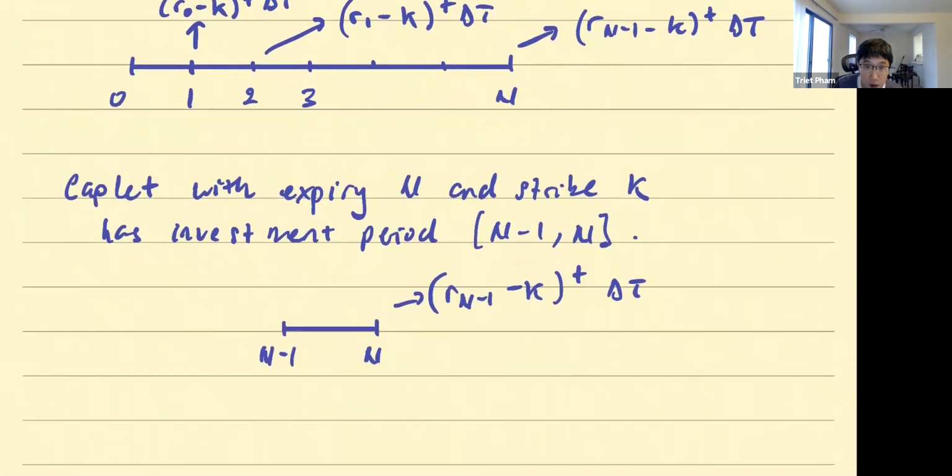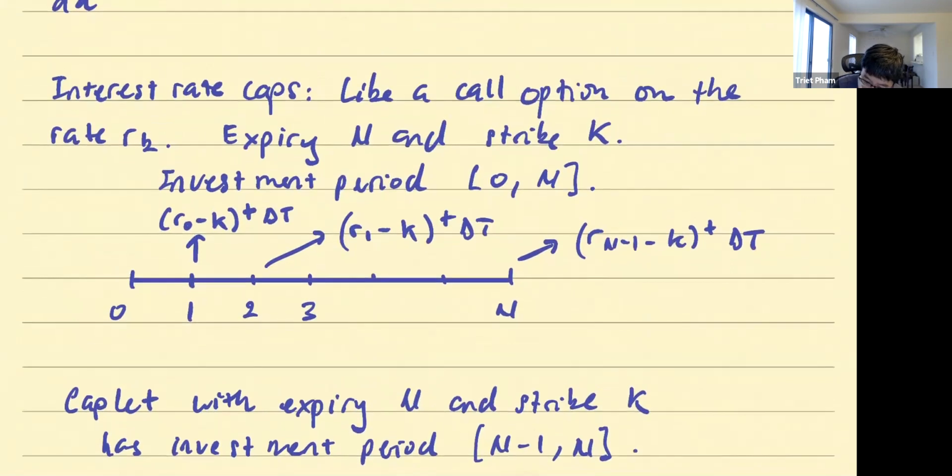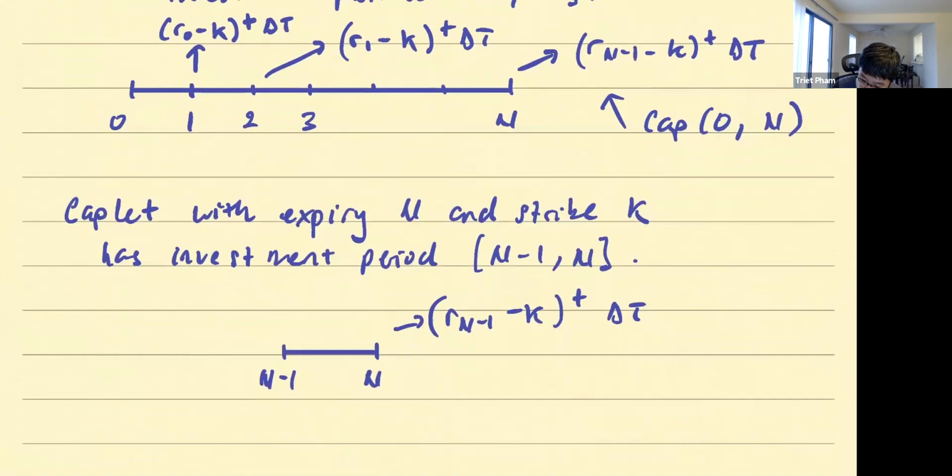A cap, so this product right here on top, we will denote as cap 0 n, and this we will denote as caplet 0 n.